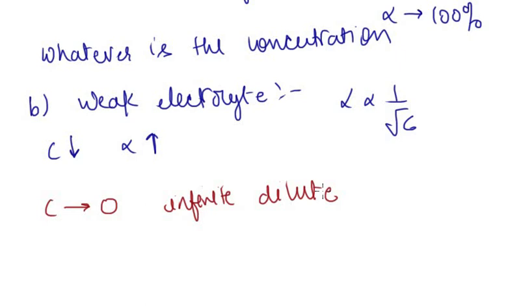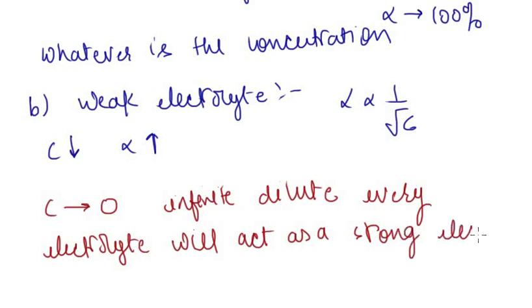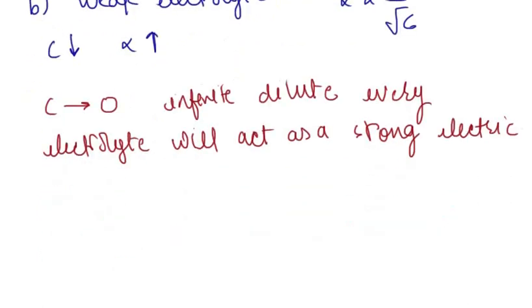Concentration becomes approximately 0. Then every electrolyte will act as a strong electrolyte, when alpha is 1.